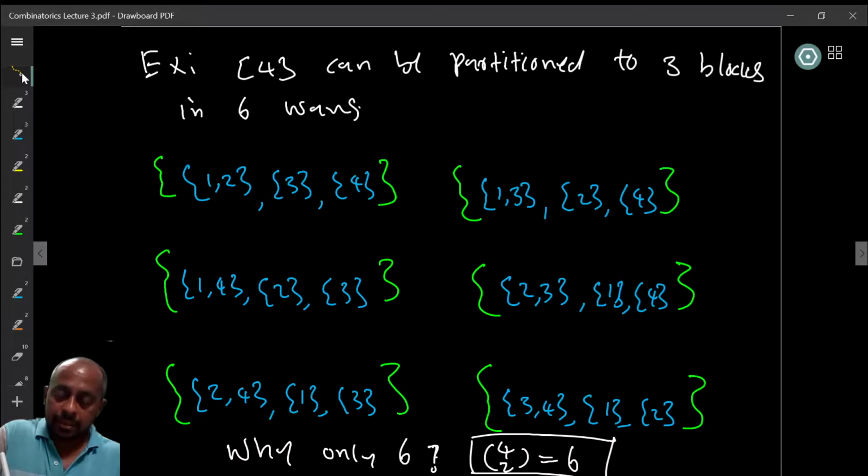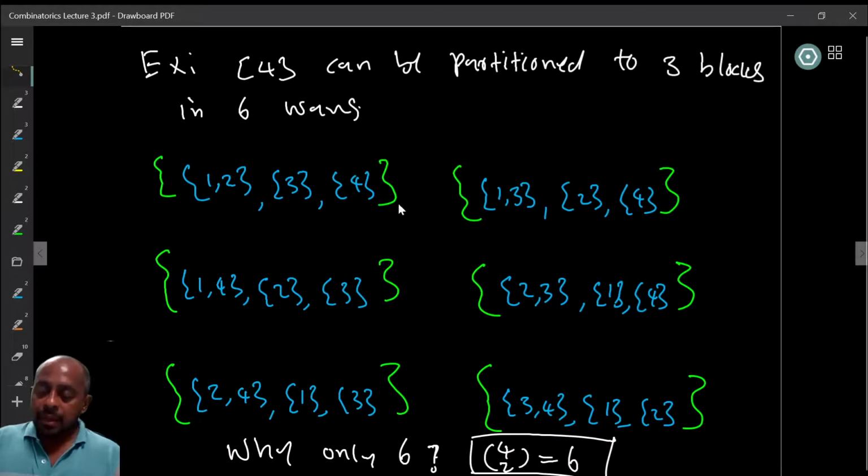If you take any of these, the elements do not repeat, and all elements appear there, so therefore the union is the whole set. So these are all partitions, and we have exactly 3 blocks: a 2 element set and 2 singletons.